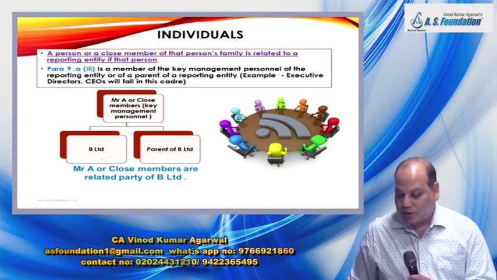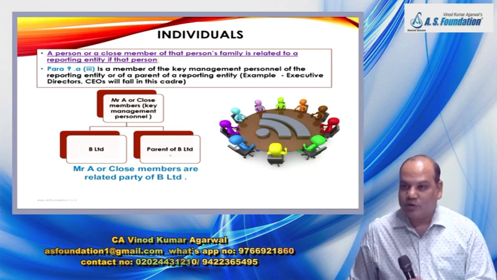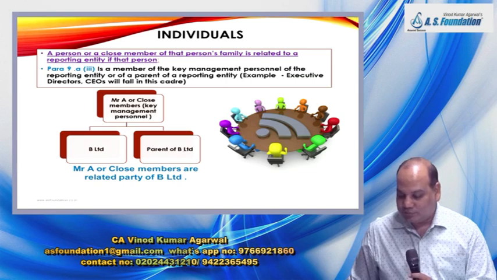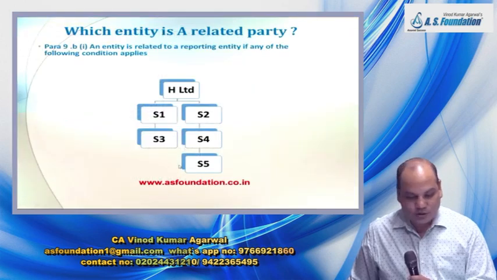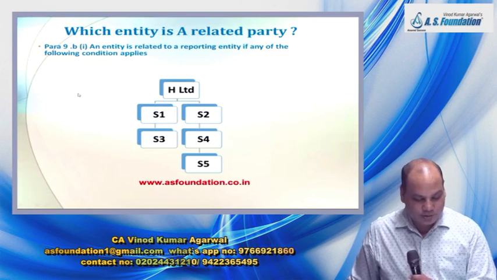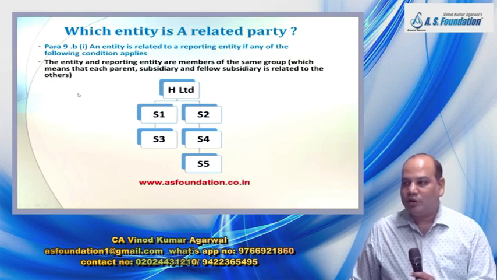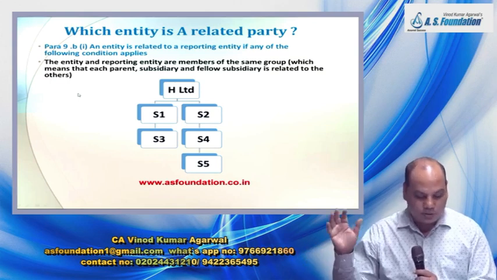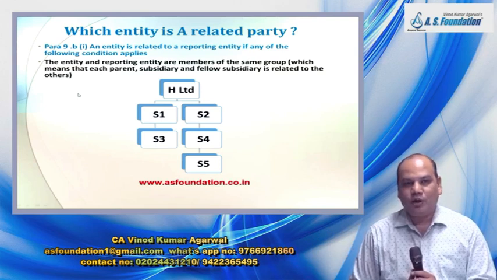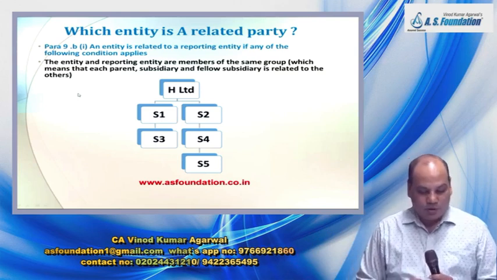So the standard setter knows that the order may come not only from Mr. A, who is a direct boss, but the order can also come from the boss of the boss. So therefore we will get influenced. Report that also. So this completes my first part, that is person. In persons, those covered are control, joint control, significant influence, and key management personnel of the reporting entity and parent entity. Right?